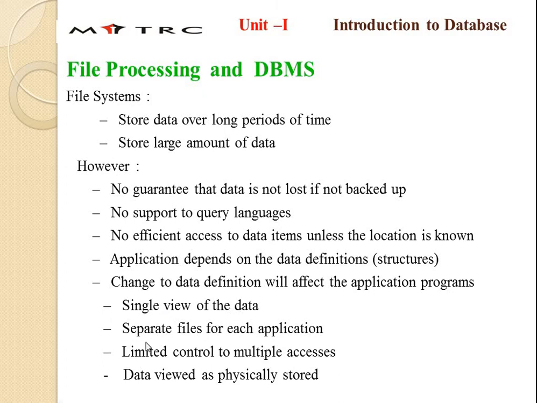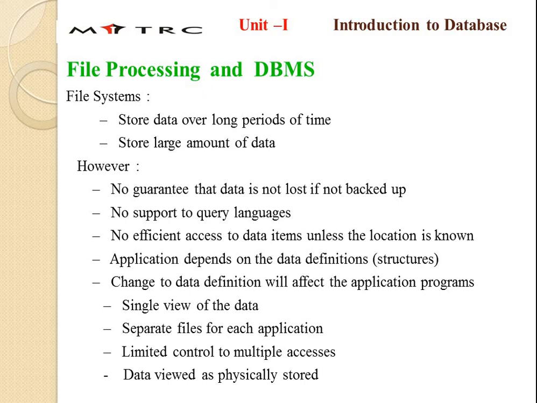For every piece of work we need a separate file for creating the application. It has limited control over multiple access. The data cannot be shared across multiple accesses and the data is always viewed as physical storage. That means whatever the traditional file processing provides, all the work is done in the form of a representation in the file system.